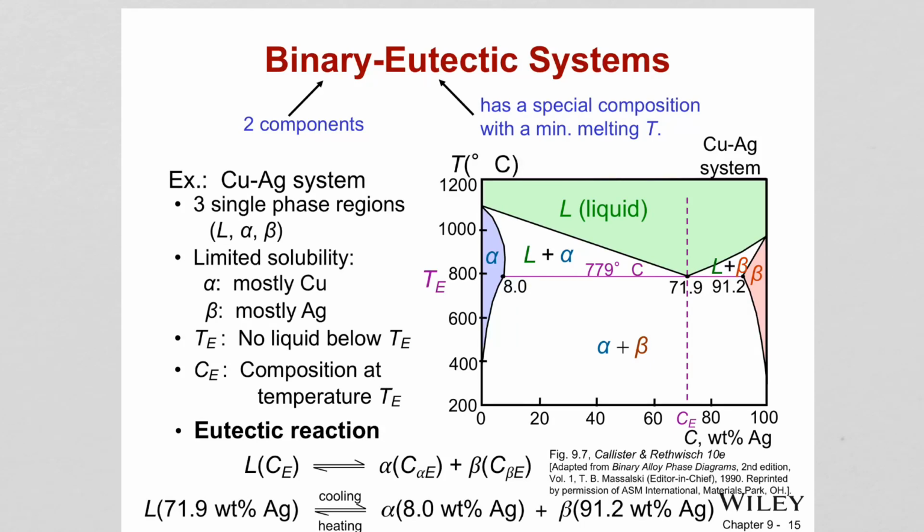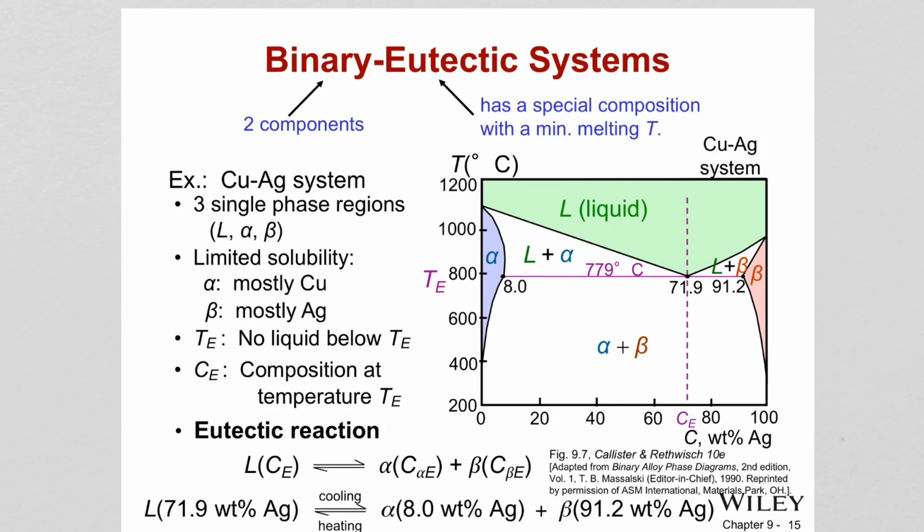Now we're going to take a look at binary eutectic systems. Binary means again two components. Eutectic means this mixture has a special composition with a minimum melting temperature. So in this case we are seeing a copper and silver system.